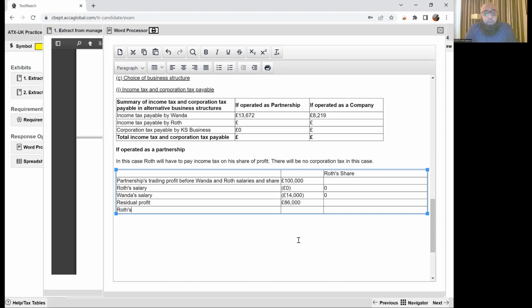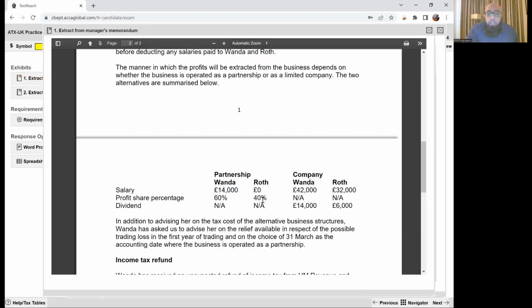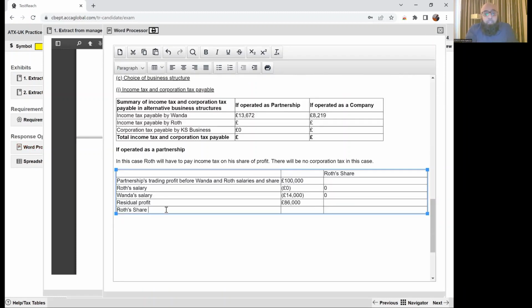Now, what will be ROT's share in it? If you look at it carefully, ROT's share is 40%. So ROT's share is 40% of this 86,000 pounds. So this will give us how much? 86,000 into 40% is 34,400.